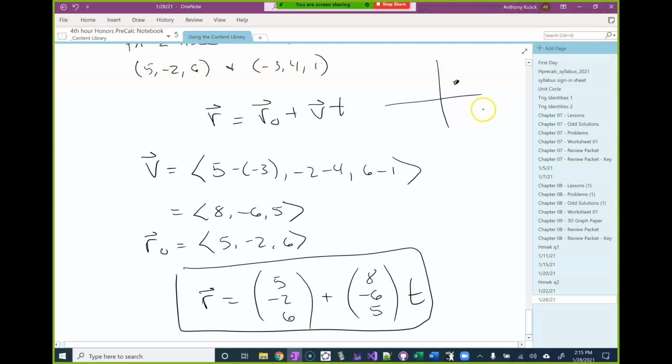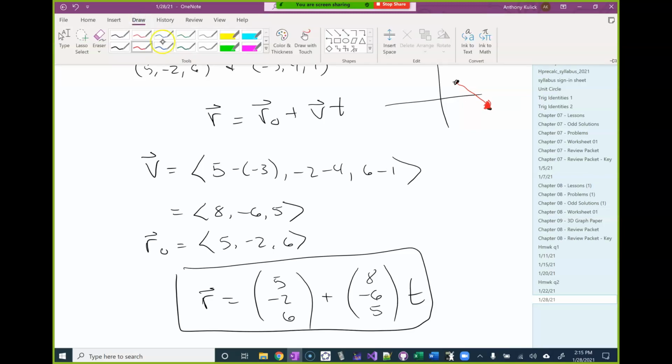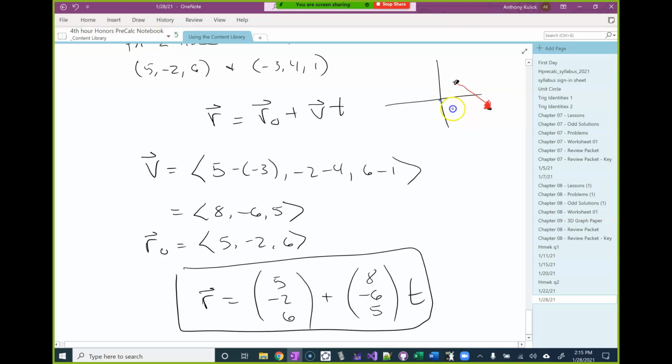So let's say I have it like this. What I've done is I said, okay, I want this vector, is basically what I'm going to try to get. So I create the component form for that vector, which is something that's going to be parallel. It's going to be in the same direction, but it starts at the origin.